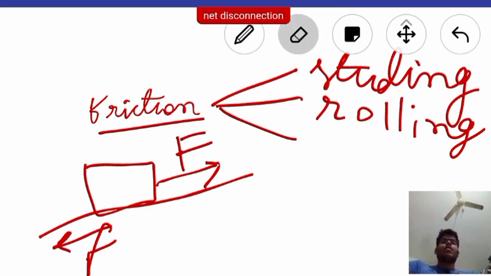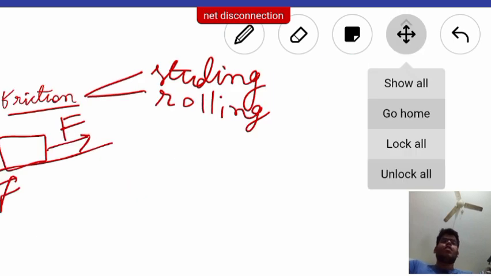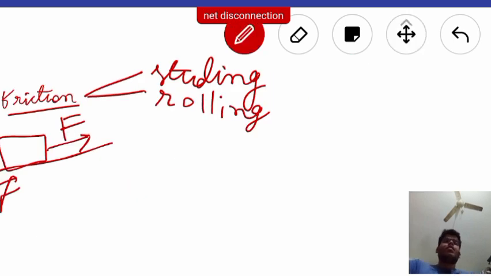Next, we will discuss the types of friction based on the motion or position of the body relative to time.